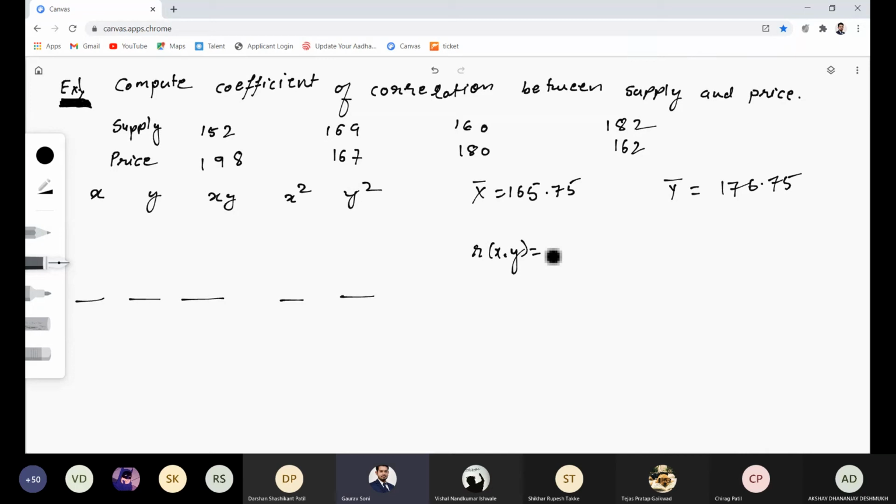Chirag? Yes, sir, I got the summation. Sir, it is coming minus 0.938. Yes, it is correct.